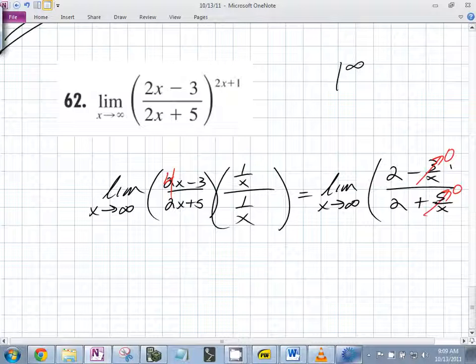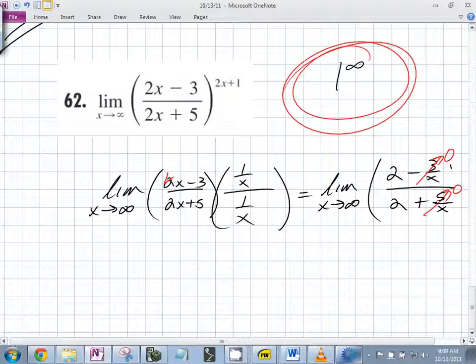Okay, are we okay so far? So do you agree that this is the indeterminate form 1 to the infinity? Yeah. So you have to use 2 steps. What do you have to do first? Turn into logarithm. Take the natural log of both sides. Why natural log?